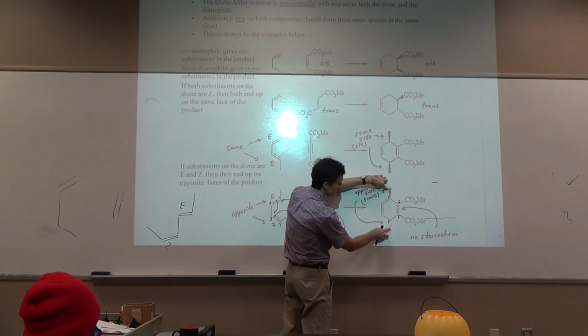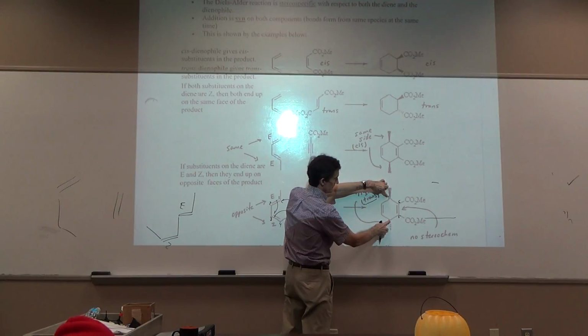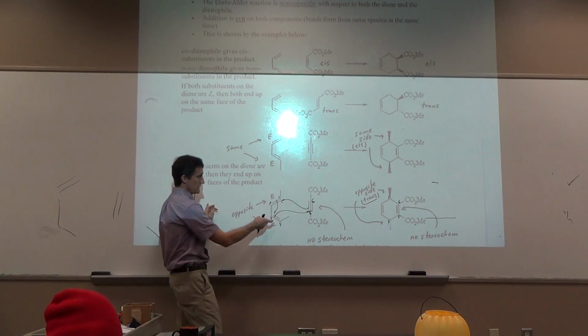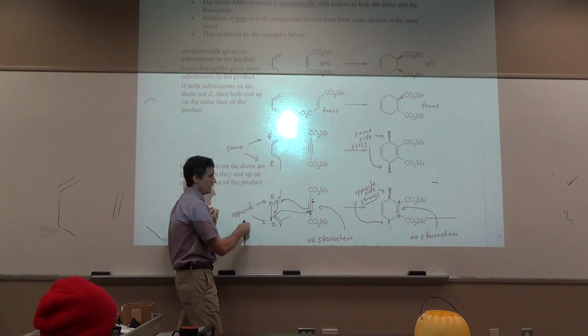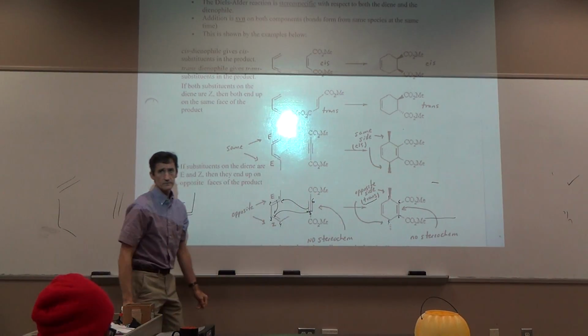How are the methyls going to be relative to each other? They're going to be trans. Why are they going to be trans? Because the take-home message is the alkenes were opposite, E and Z. That's analogous to trans, thus they're going to be trans there.